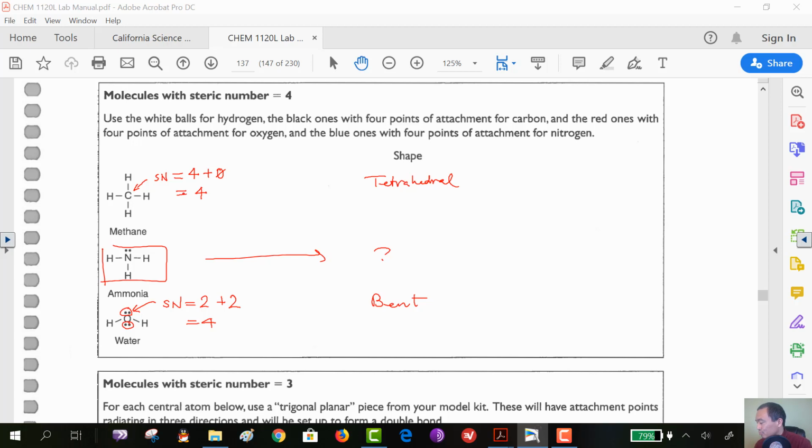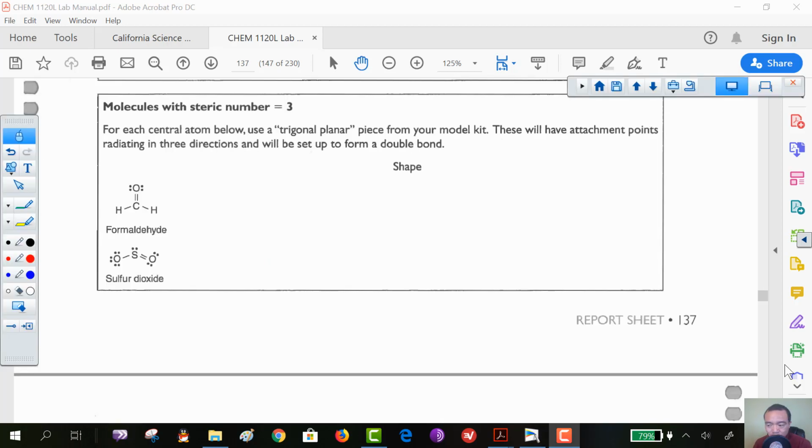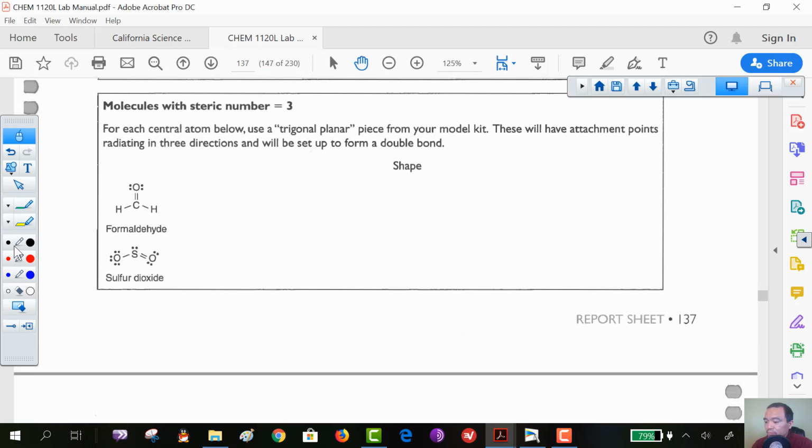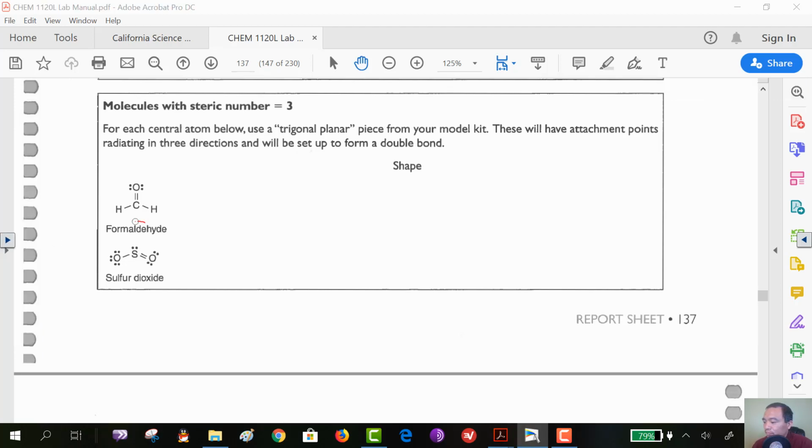Let's look at more examples. For example, what is the shape for formaldehyde? You look at the center carbon. For the SN number, remember, this double bond is considered as one electron group. So 1, 1, 1. No dots surrounding carbon.